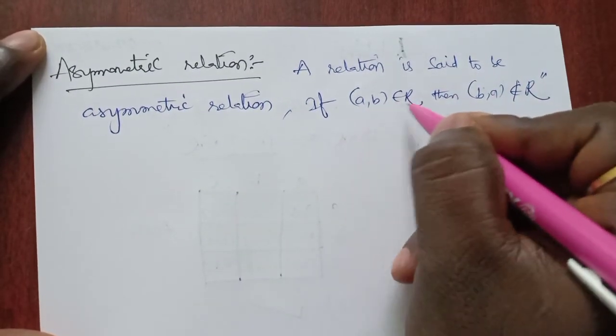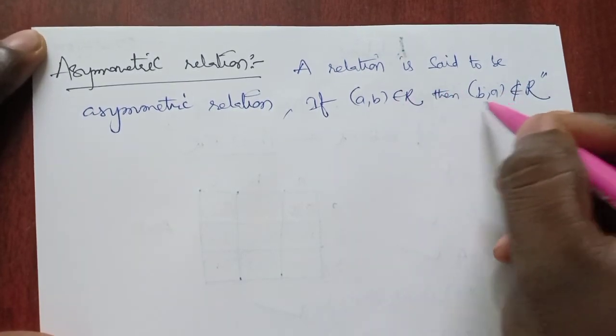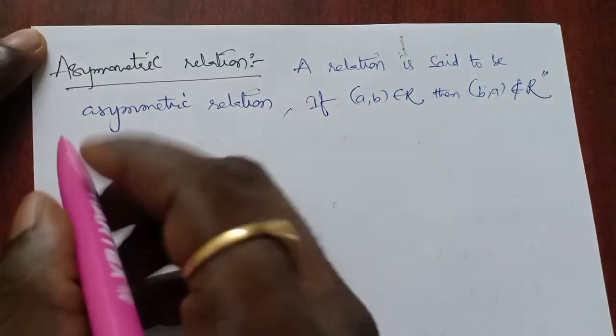Only if (A, B) is present do we need to check for (B, A). Otherwise, no problem.